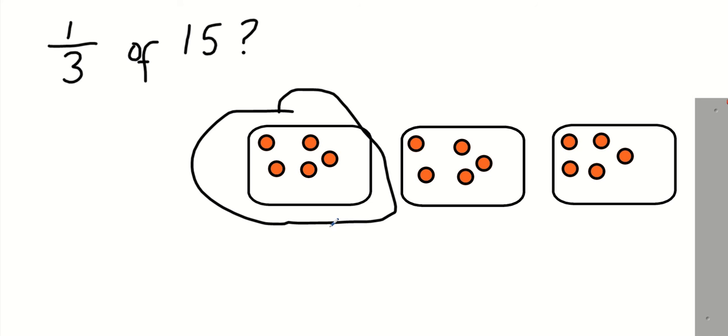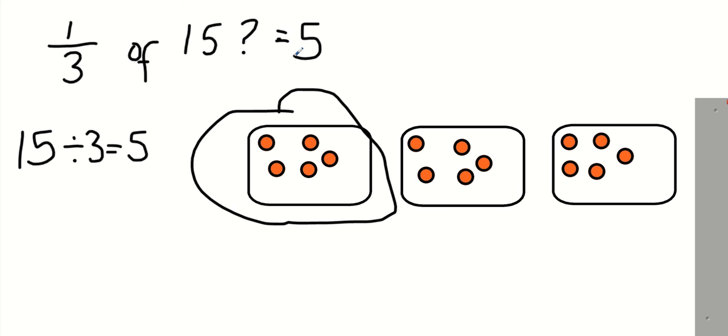However, what we've just proved is that 15 divided by 3, which we're all really good at doing with our times tables and the division facts, is 5. That is the same as 1/3 of 15 is 5. So 1 out of the 3 equal groups has 5 in it. So 1/3 of 15 equals 5.